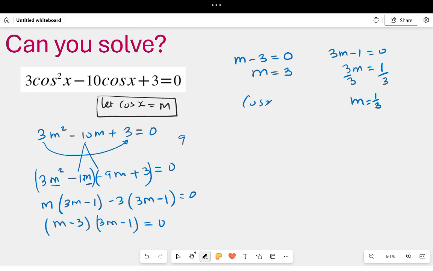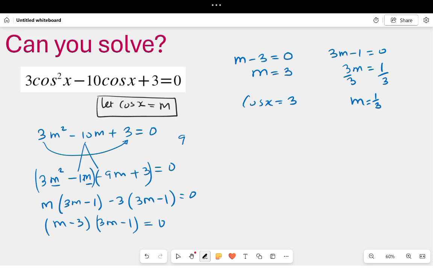cosine x is equal to 3. But let us do our analytical analysis. There is no way a cosine of a number is going to be more than 1 or less than negative 1. So the range for cosine x is from negative 1 to positive 1.